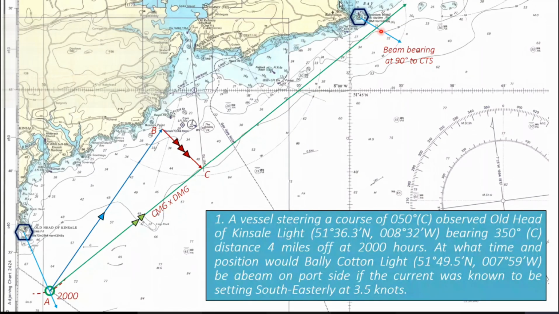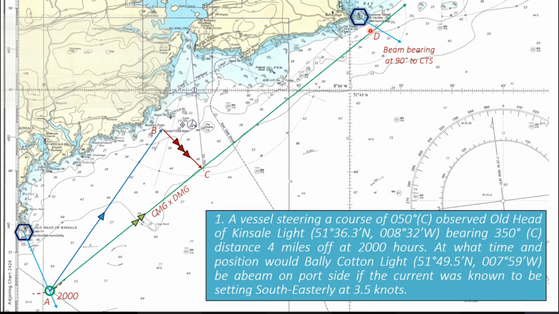So wherever these two intersect, that is our course made good extended and the beam bearing, let's name that point as Delta. So we see this Delta point here. Once we have this Delta point, we can now easily calculate our ETA, as well as we can read off the position when the Belly Cotton light would be abeam.